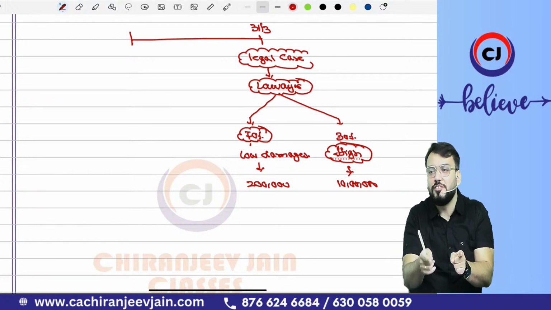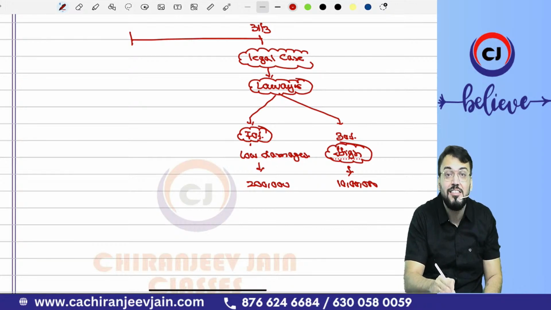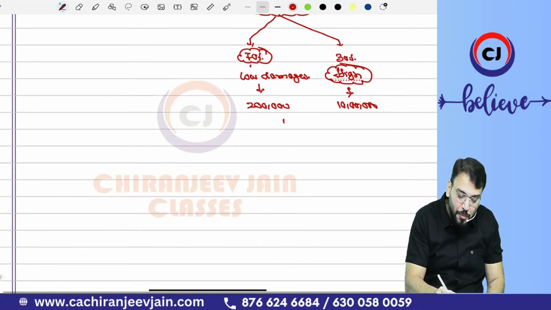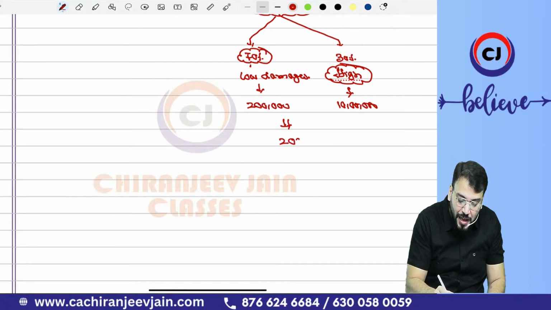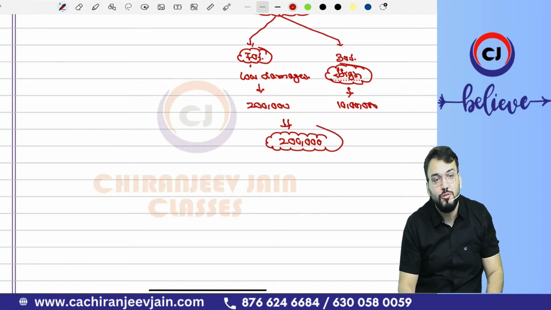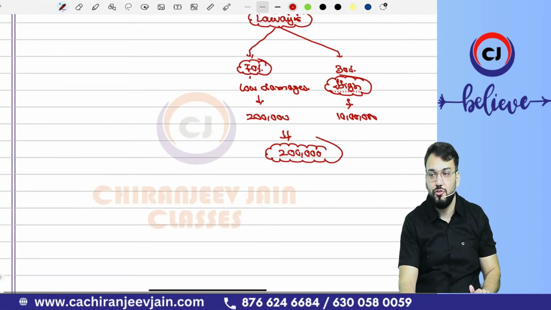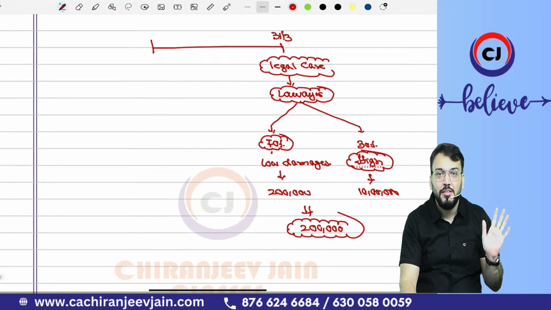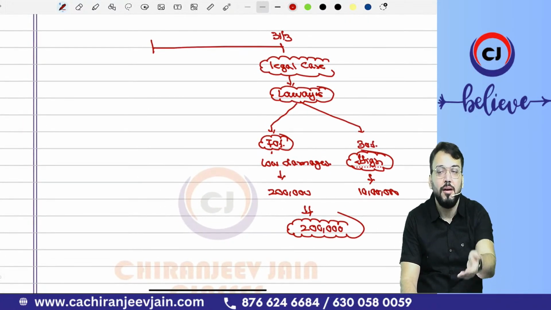You can't do 70% of 2 lakh because you have not considered the 30% here. So the amount of provision will be 2 lakh, provided there is no discounting. If it is a discounted amount, then of course you need to find out the discounted amount also. Got this point? This becomes the most likely outcome method.